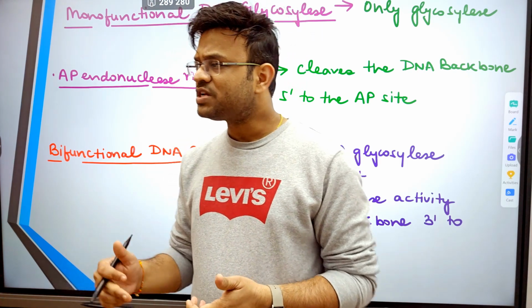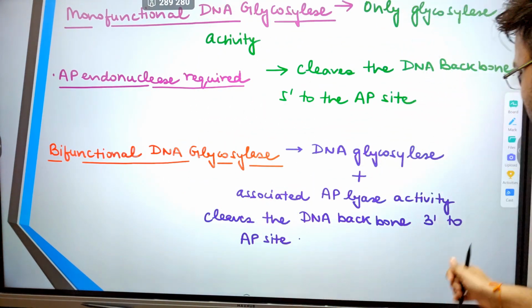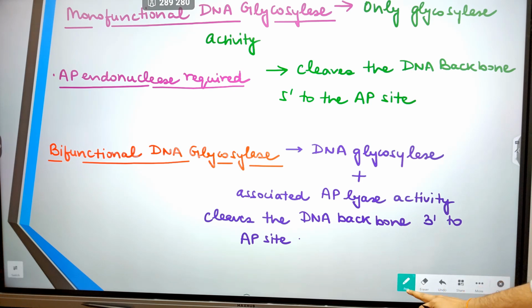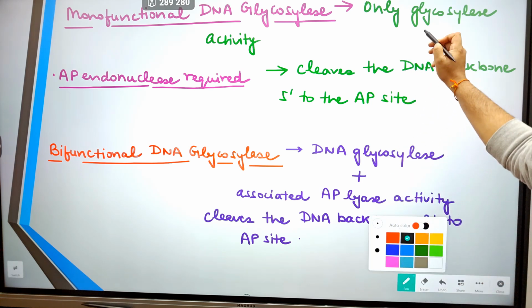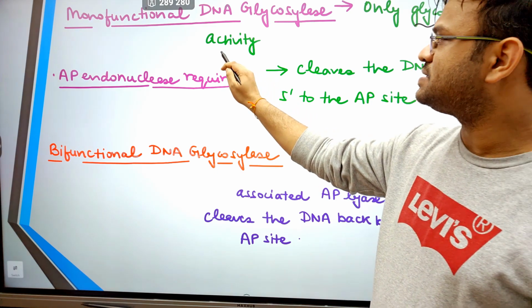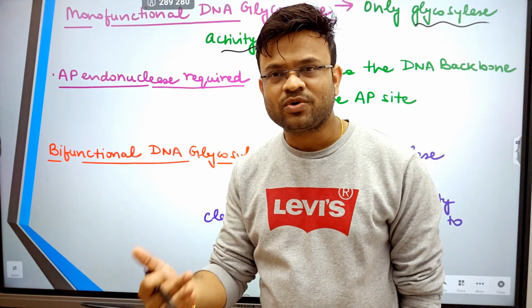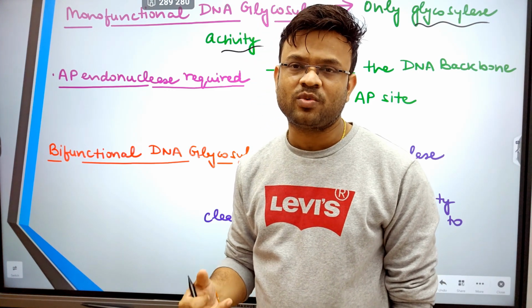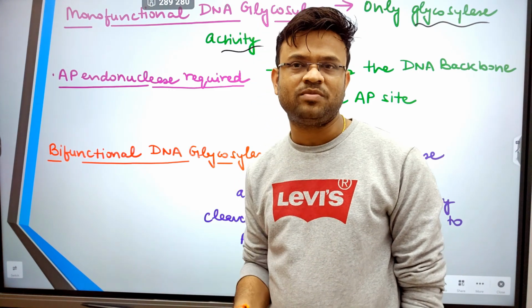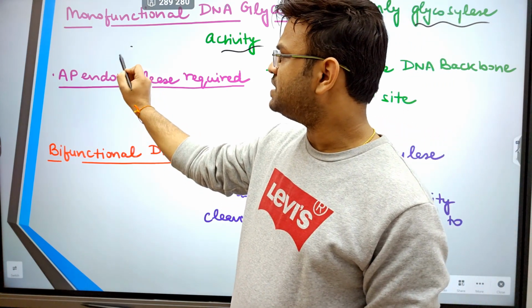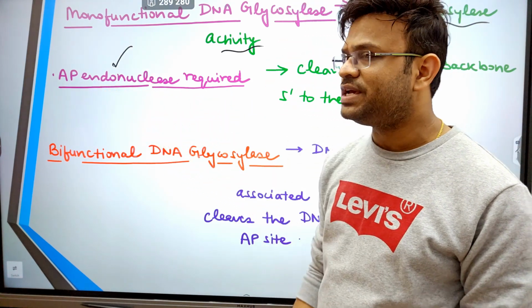Monofunctional DNA glycosylase, I've already told you, will have only one type of activity, and you can see that only glycosylase activity is seen. So when only glycosylase activity is seen, you require another enzyme for one more function. One additional enzyme would be required over here, and the name of the enzyme would be AP endonuclease.